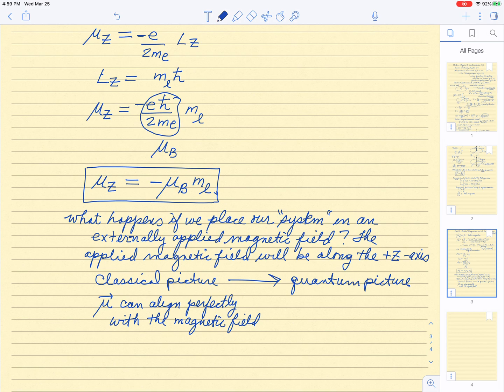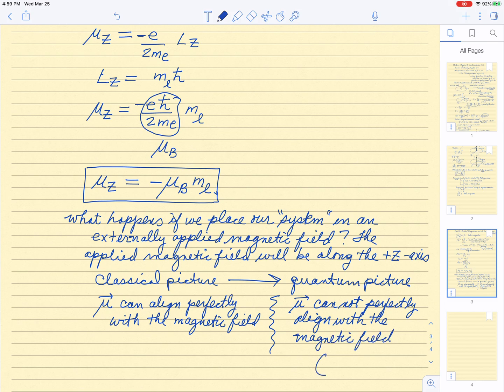But in the quantum picture, mu cannot perfectly align with the magnetic field. Why?